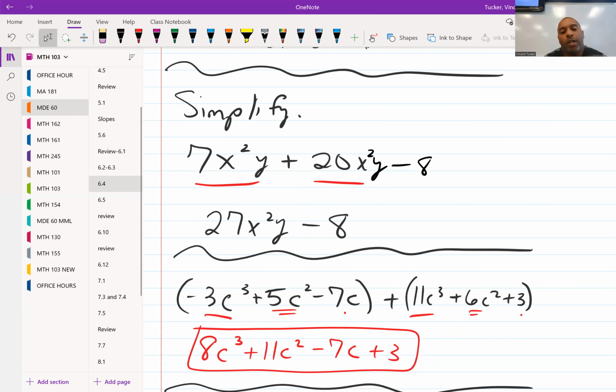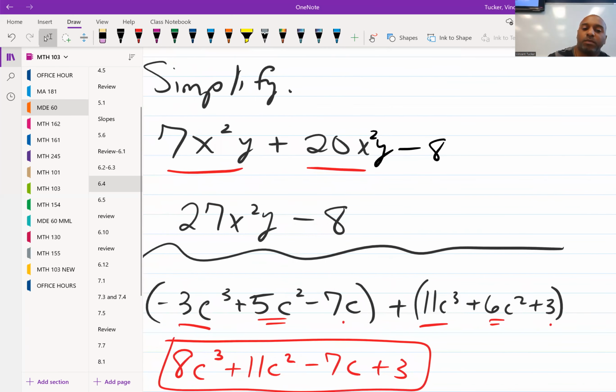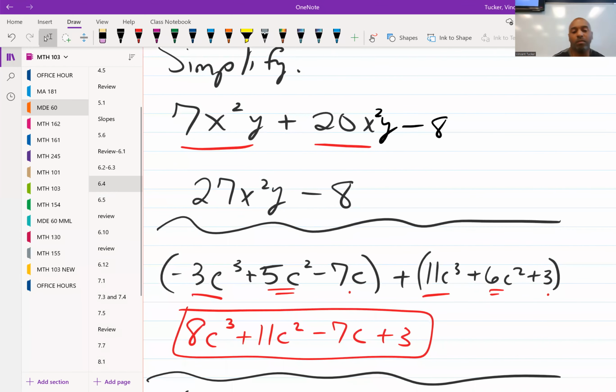All right, so if we have negative 3c cubed plus 5c squared minus 7c plus 11c cubed plus 6c squared plus 3. Once again, we are combining like terms.